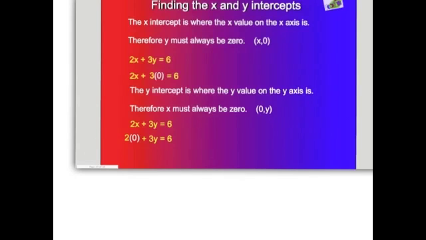Another way to think of it is right here, and I actually like the way they word this here and here, specifically because of the way that they wrote their point here. So the x-intercept exists at x, whatever your x value is, comma 0, and your y-intercept exists at 0, comma, whatever your y value is.